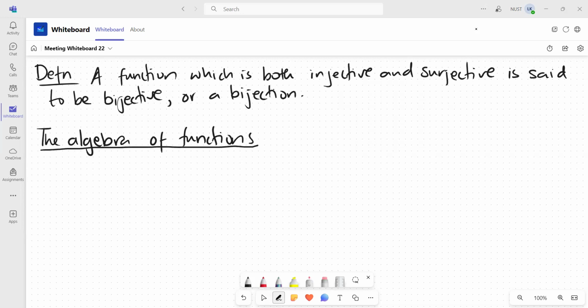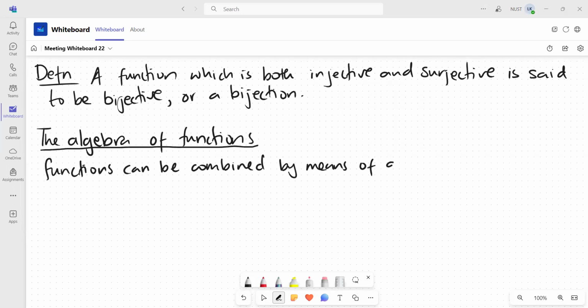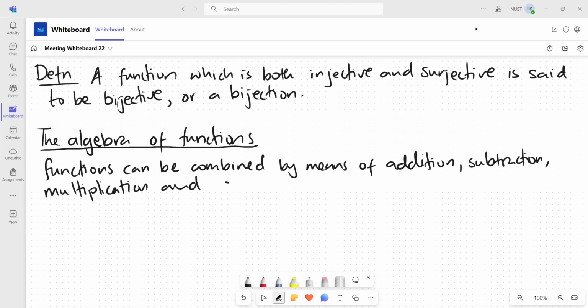Now, with functions, just like numbers, functions can be combined by means of addition, subtraction, multiplication, and division.